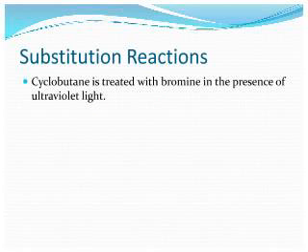So cyclobutane is treated with bromine in the presence of ultraviolet light. Well, what does cyclo mean? They're in a ring. How many carbons? 4. So how many hydrogens are in this molecule? 8.